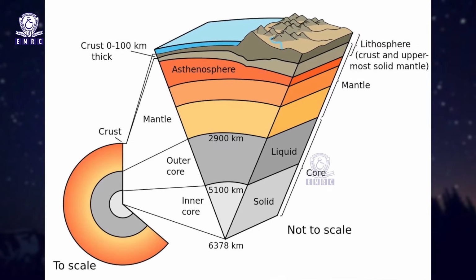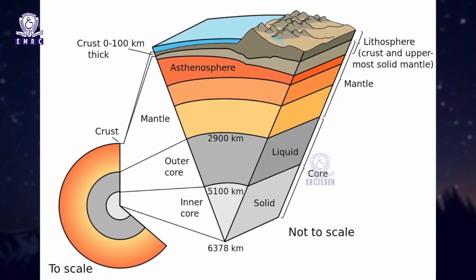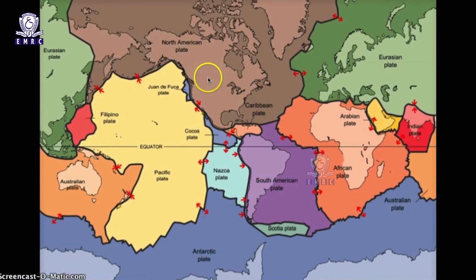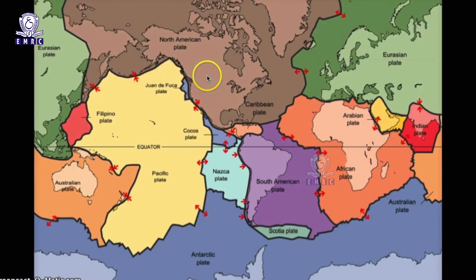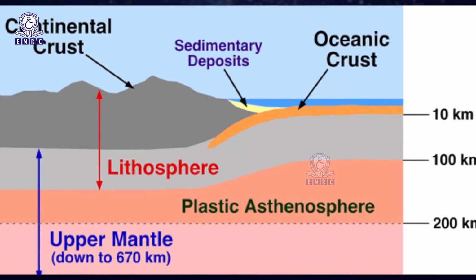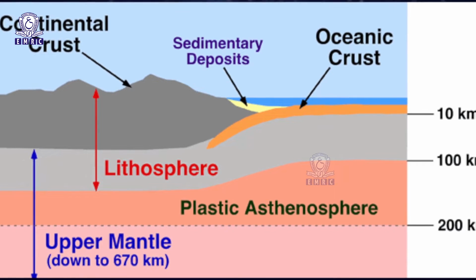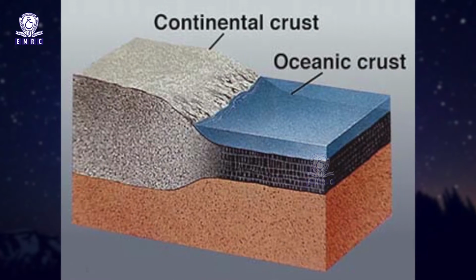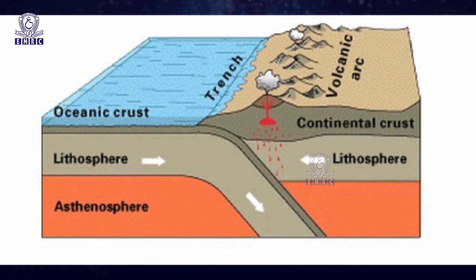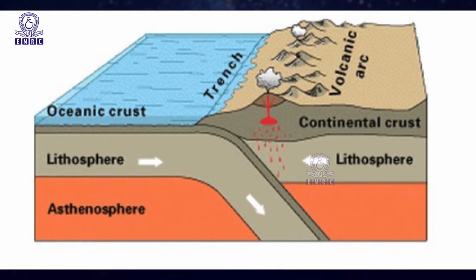The term plate refers to rigid lithospheric slabs or a rigid solid crustal layer. Lithospheric plates are massive, irregularly shaped slabs generally composed of both continental and oceanic crust. Some plates are mostly made up of continental crust, whereas some plates are exclusively oceanic crust.